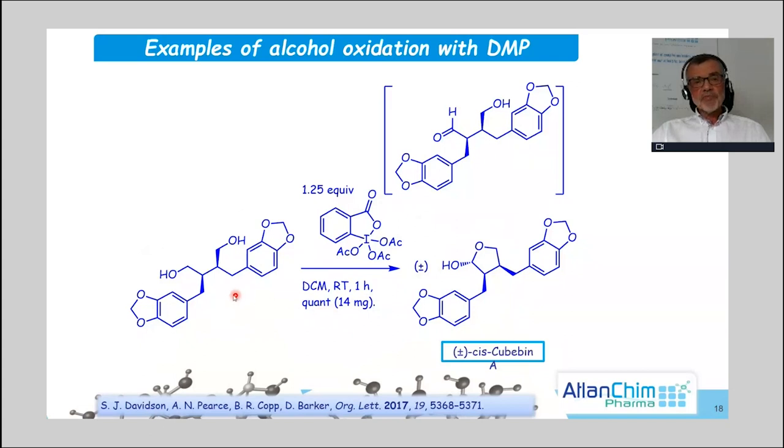This transformation proceeds by oxidation of one of the two primary alcohols here to the corresponding aldehyde intermediate, which spontaneously cyclizes to this lactol.